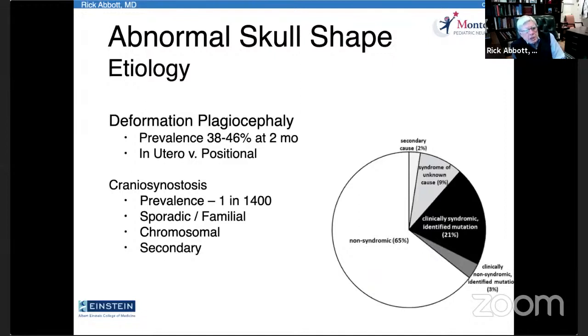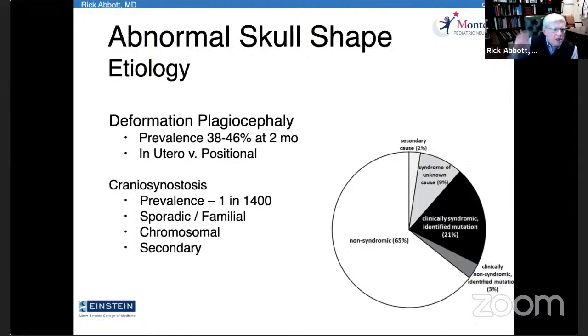There are 2 broad categories of skull abnormalities that we deal with. First is deformational plagiocephaly. You all are aware of this. It has a very high prevalence, up to 45% by the time infants are 2 months of age. It's felt that it can be due to both in utero forces and also positional forces after the baby is born.